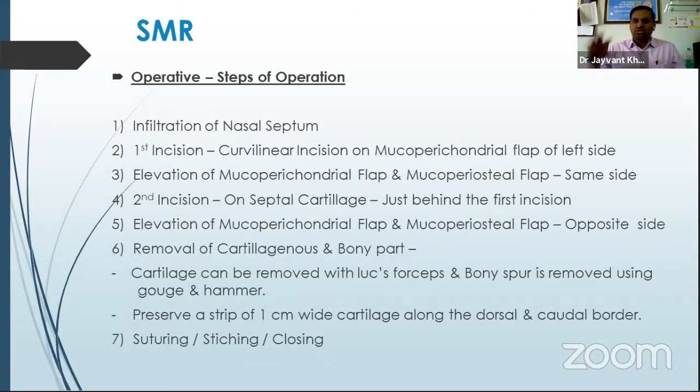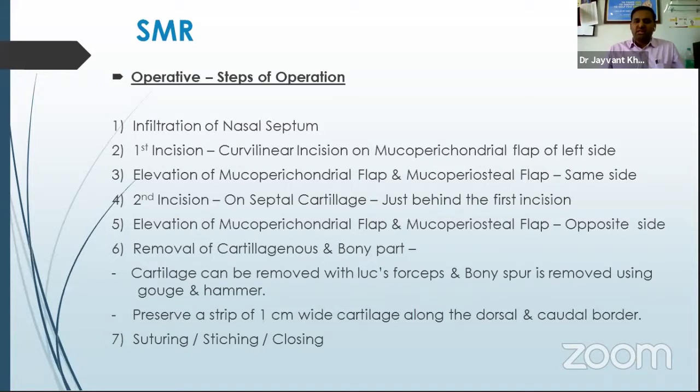You have to suck by the suction machine and clear it, because if there is some sort of bleeding left behind, then it will lead to complications like bleeding, hematoma, and likewise. So you have to clear the operative site or flap cavities with the help of suction machine.